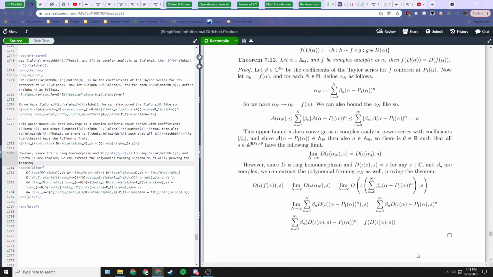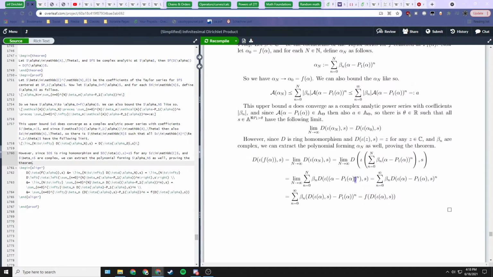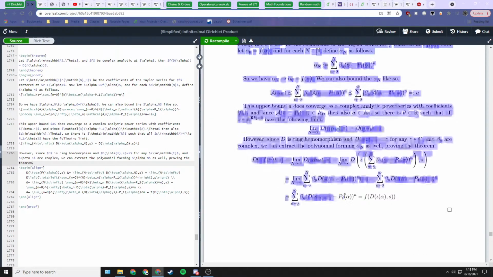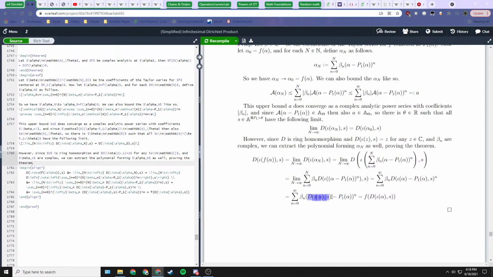So we pull out the limit first, then we pull out the summation with the complex coefficients, then we extract the product, and then we just pull out this last subtraction to the outside, and then we have D iota alpha s, and then this whole polynomial is just f.